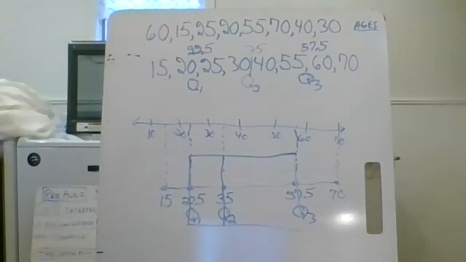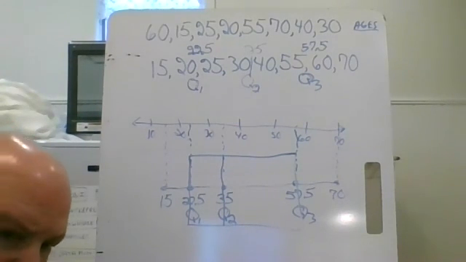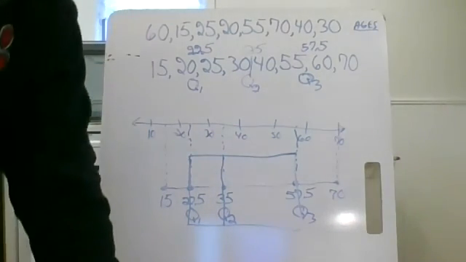So each quartile contains 2 data values. They contain the same number of data values. Each quartile contains 25% of the data. That's what we know. And that's a box and whisker plot.